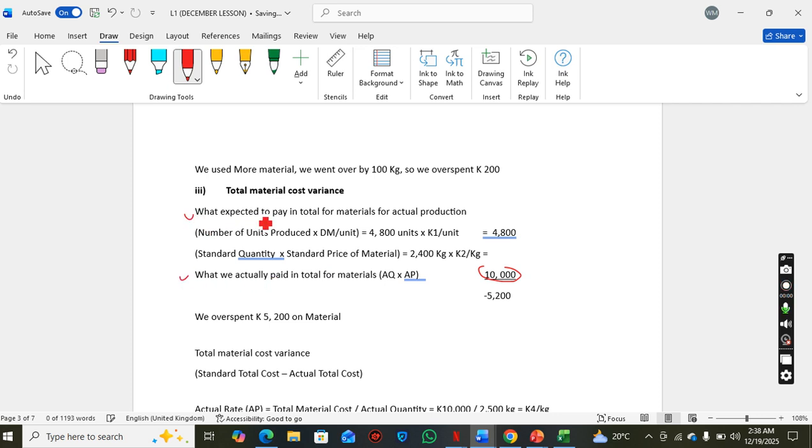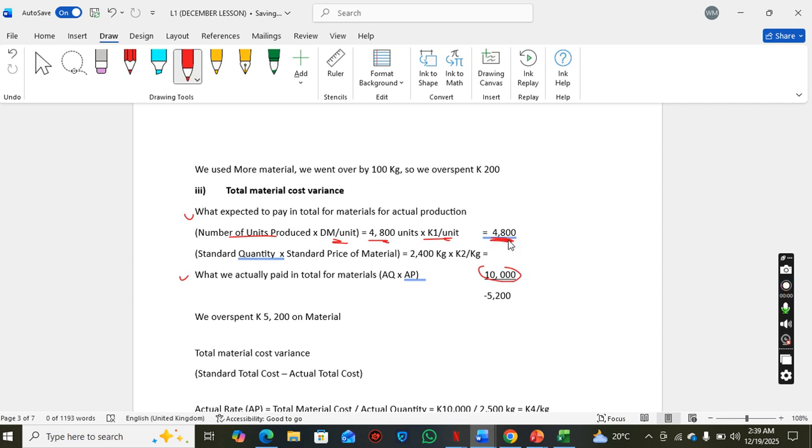Then what we expected to pay in total for materials for actual production: you can say number of units produced multiplied by the direct material cost per unit. We produced 4,800 units, and the direct material cost per unit is 1 kwacha per unit. So 4,800 times 1 kwacha, we expected to pay 4,800 kwacha for direct materials.